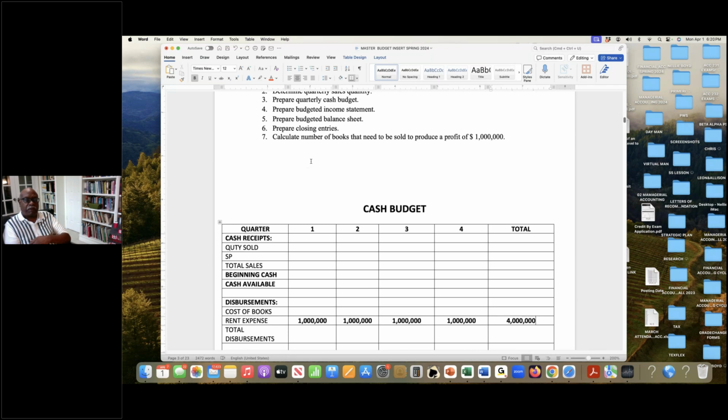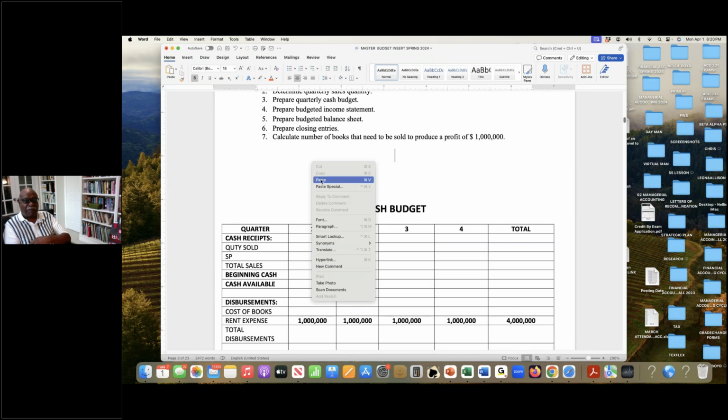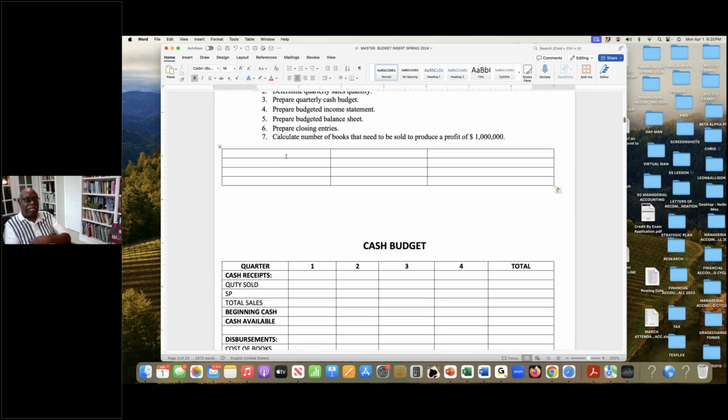So the break-even quantity. Where are you getting the rent expense for the problem?